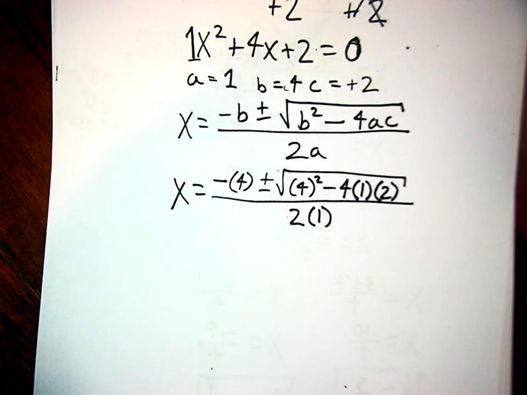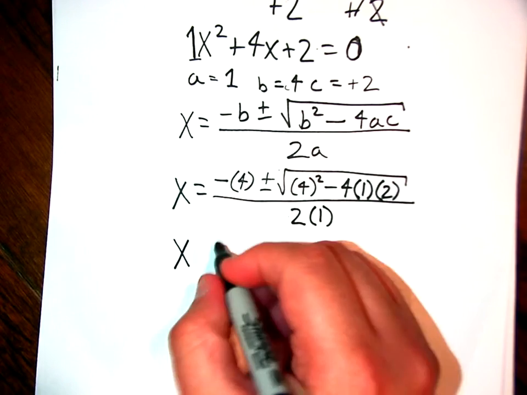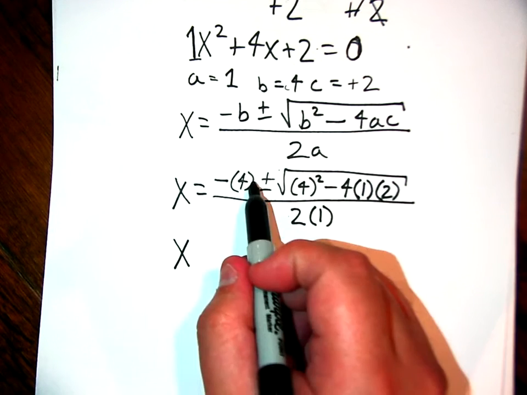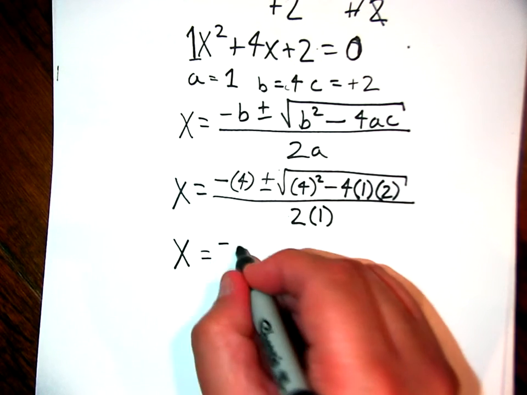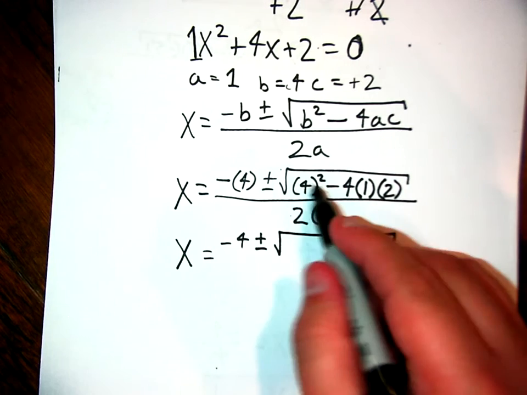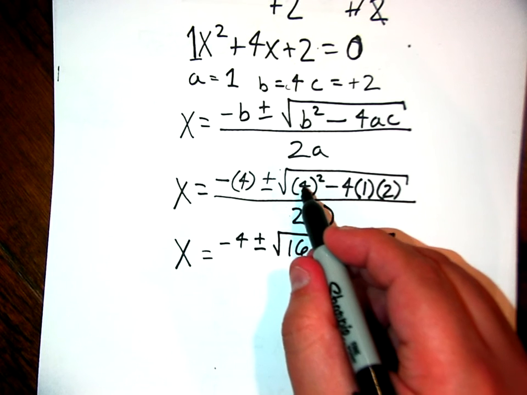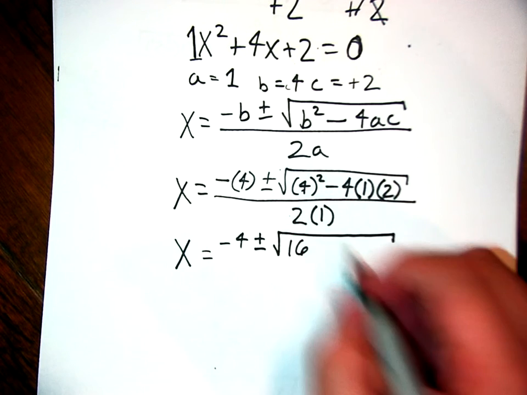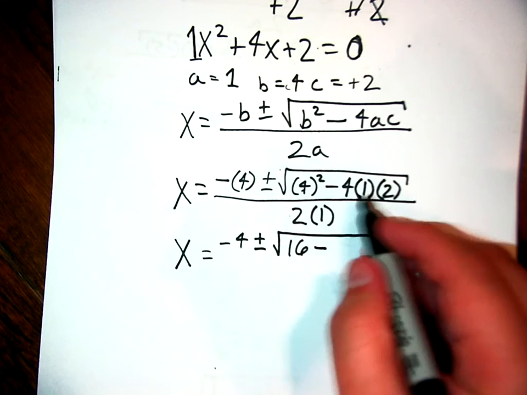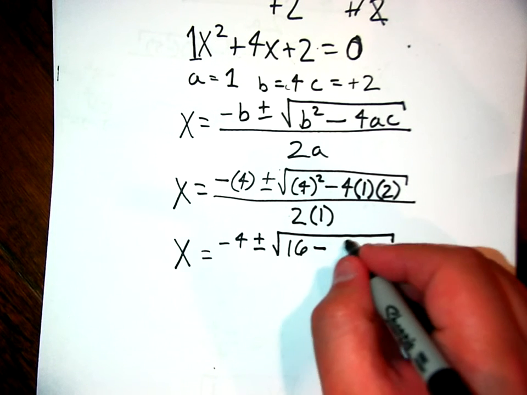So let's go ahead and keep going and simplify this down. This negative and 4 in the parentheses is just going to give me a negative 4 plus or minus the square root of, here I have 4 squared, which is 16. 4 times 4 is 16. Minus 4 times 1 is 4 times 2, that's going to give me 8.